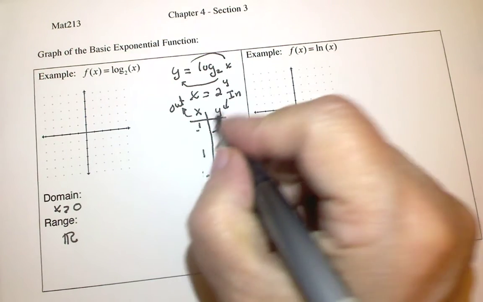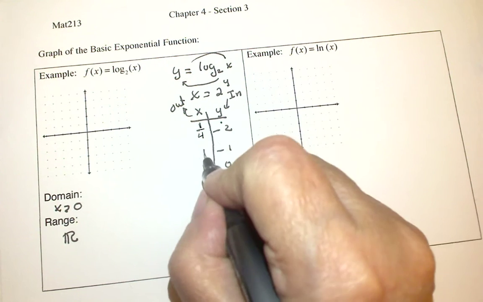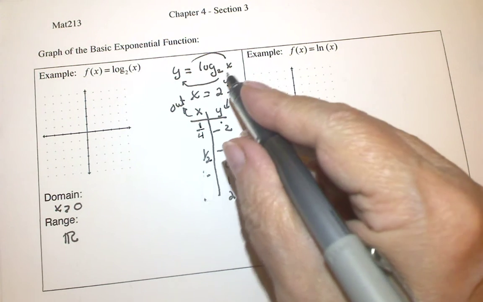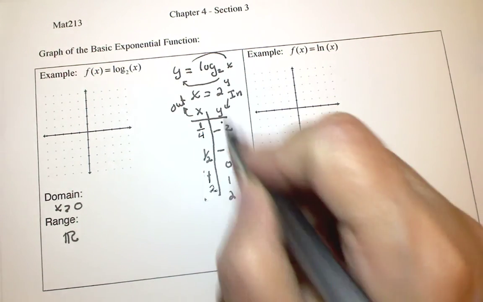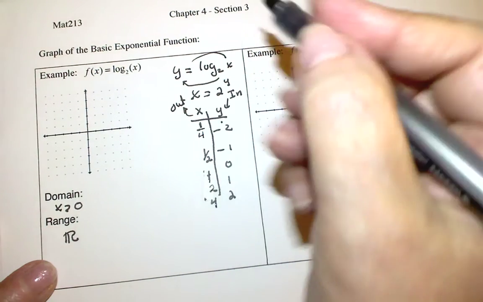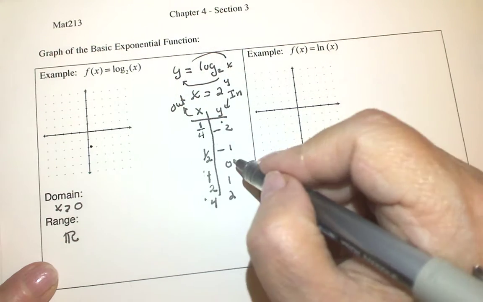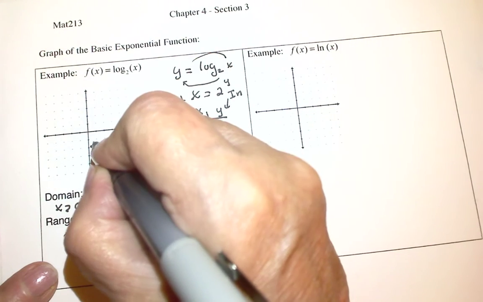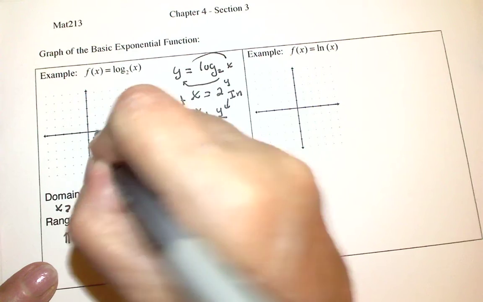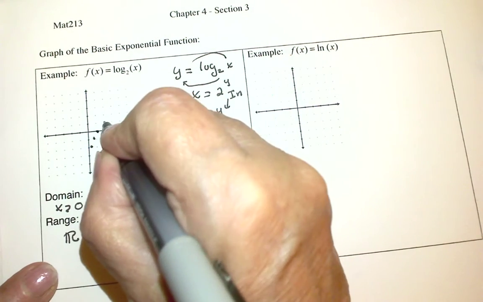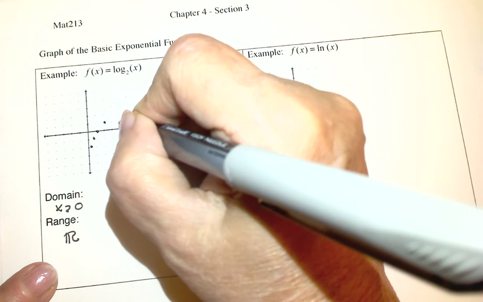This would be 2 to the y. 2 to the -2 is 1/4. 2 to the -1 is 1/2. 2 to the 0 is 1. 2 to the 1 is 2. 2 to the 2 is 4. So if x is 1/4, y is -2. If x is 1/2, it's -1. At 1, it's 0. At 2, it's 1. At 4, it's 2.